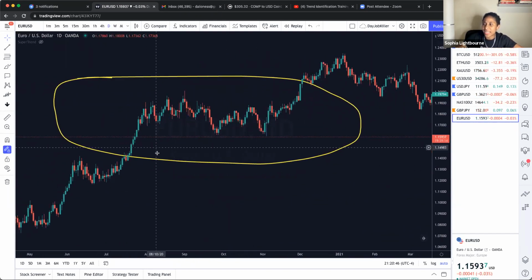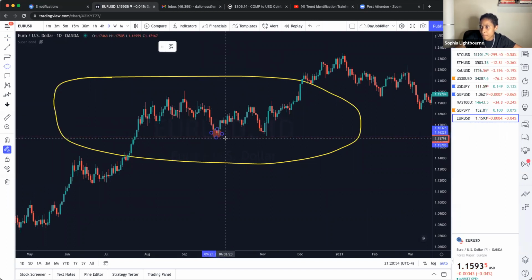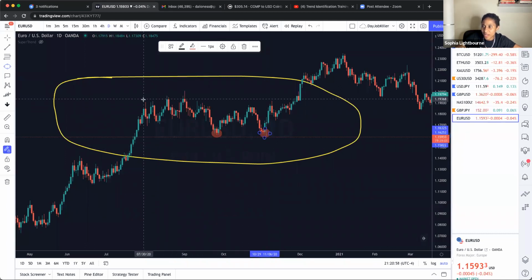Okay, if we're looking at this market here, we can say price is having some reactions right here, right here. Okay, and if we look to the upside, price had a reaction here, here, here, here, here.